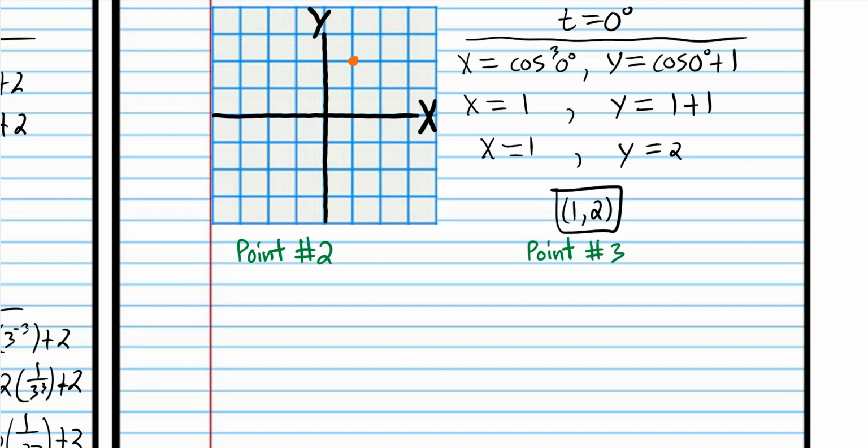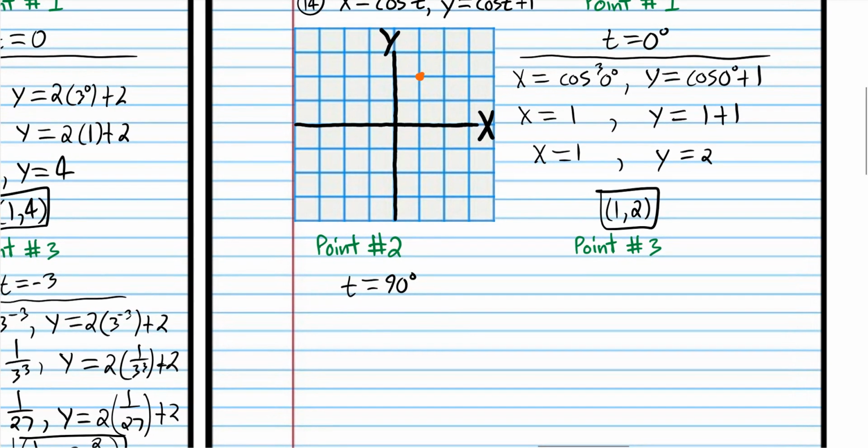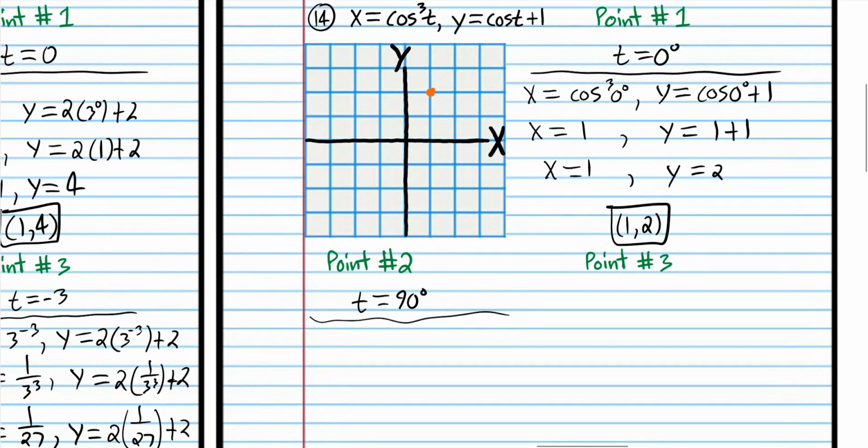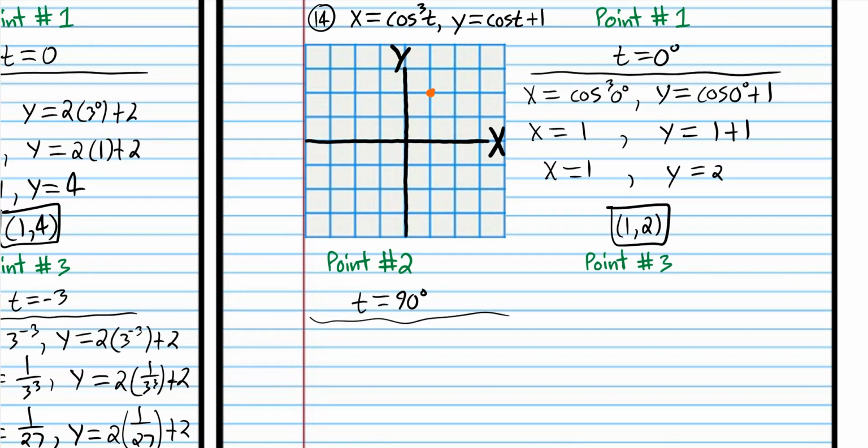So let's try t is equal to 90 degrees. We want to stick with quadrantal angles if we can. Just makes things easier. So cosine 90 degrees is 1, so we have 1 cubed.